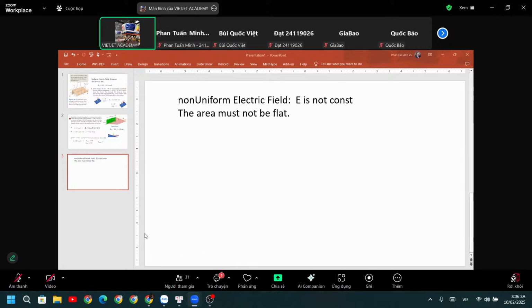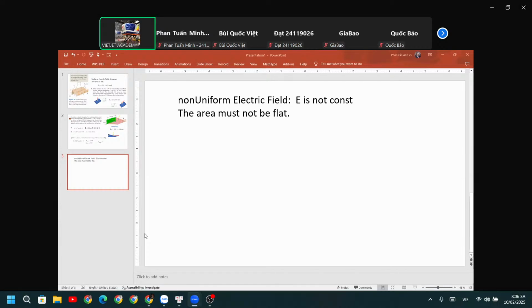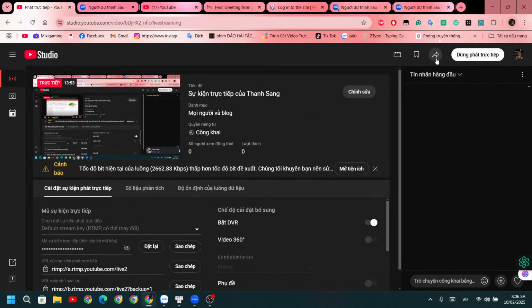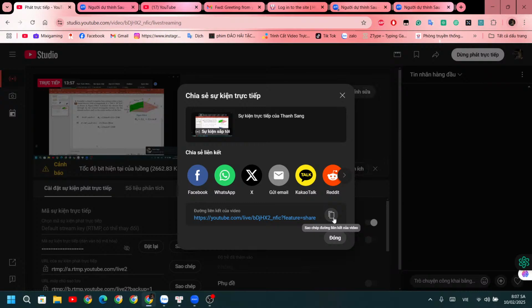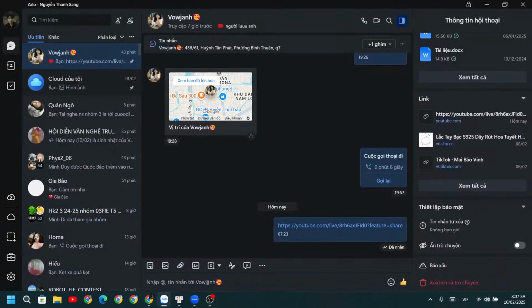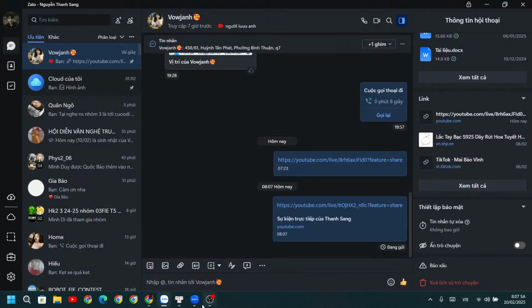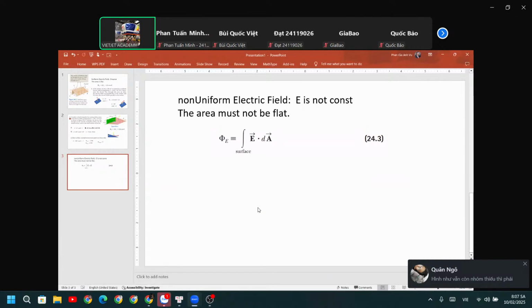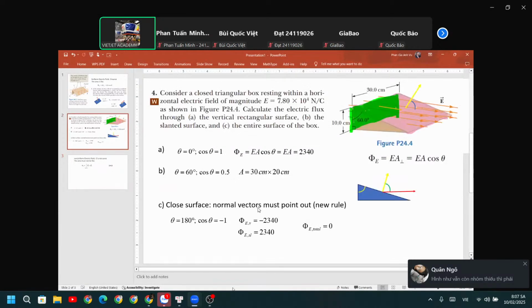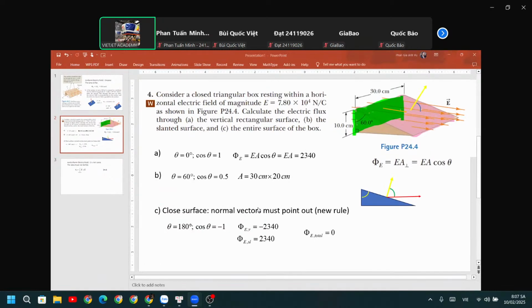And this is exactly what you need to use. You have to divide the surface into many small pieces and take the dA vector, the differential area, like in this figure.